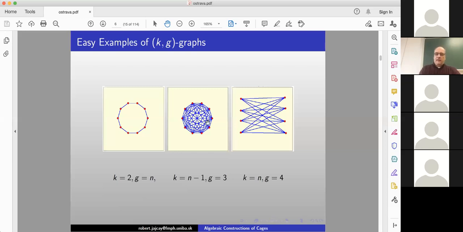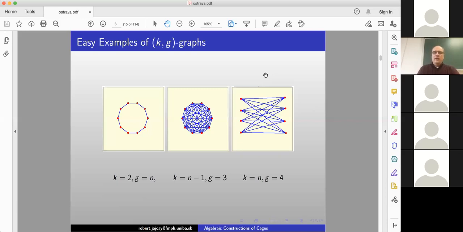And then there is the graph where the girth is 4, because we all know that a bipartite graph cannot have an odd girth, cannot contain odd cycles in general.